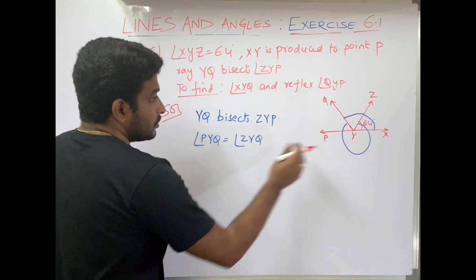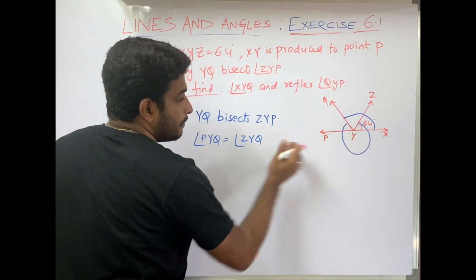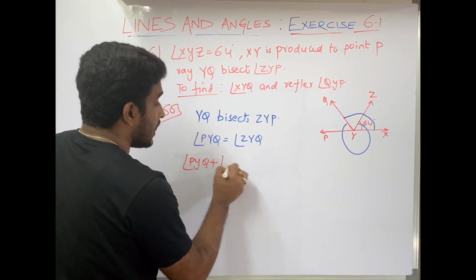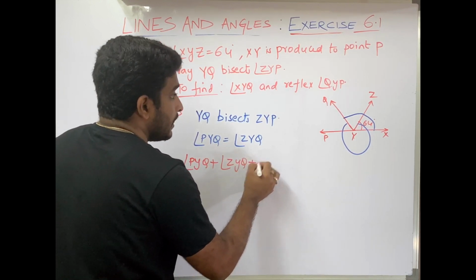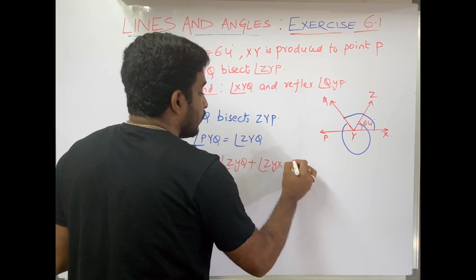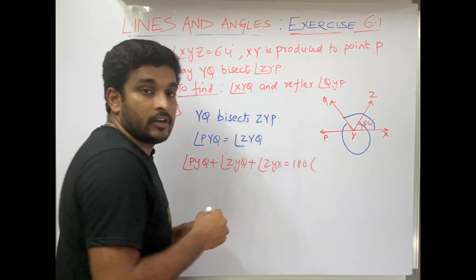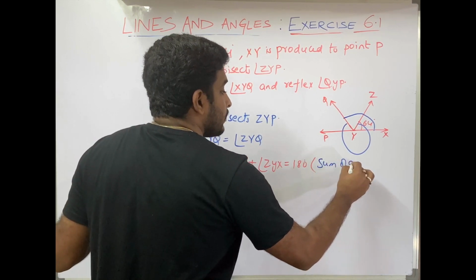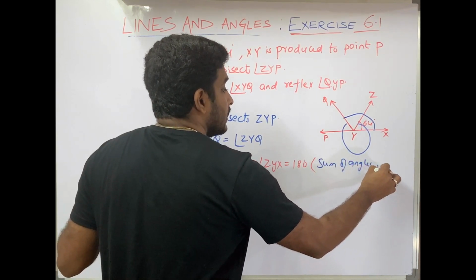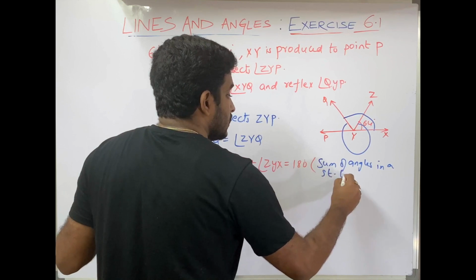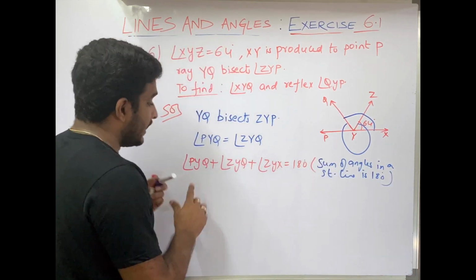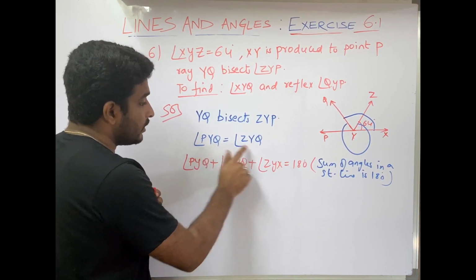Now coming to the solution, we know XYP is a line, then angle PYQ plus angle ZYQ plus angle ZYX equal to 180 degrees. What will be the reason? The reason is sum of angles in a straight line is 180 degrees.